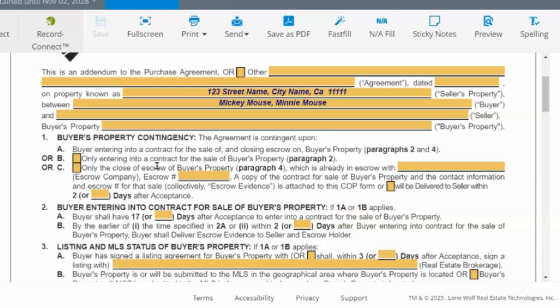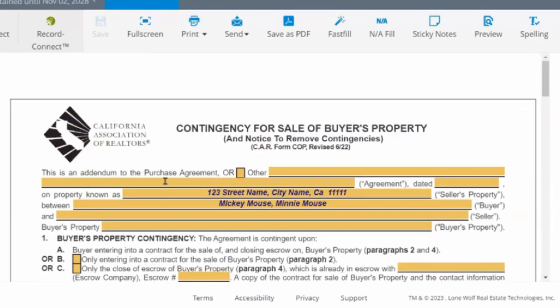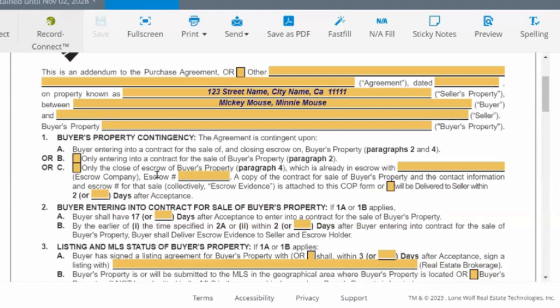It's so funny because we're talking about one person who's a seller on this side and a buyer on this side, so it gets a little confusing, but basically this is for the sale of the buyer's property. There are two choices here: either it's contingent upon them entering into the contract or closing on it.